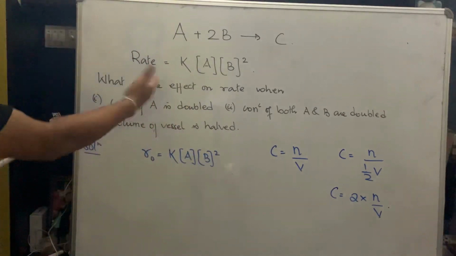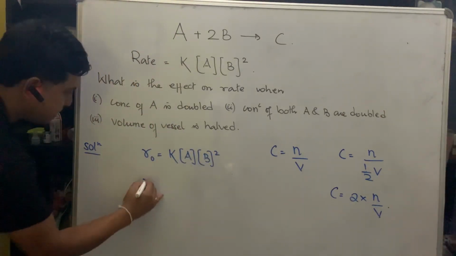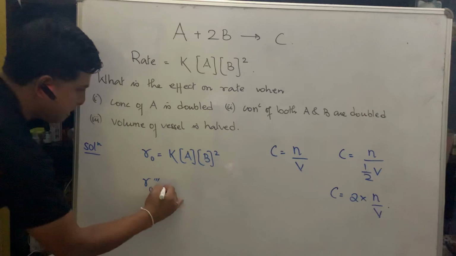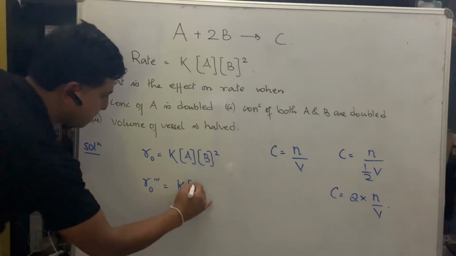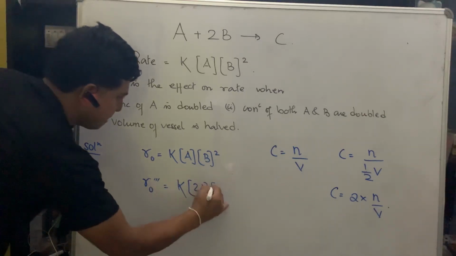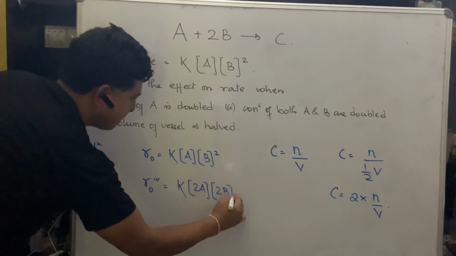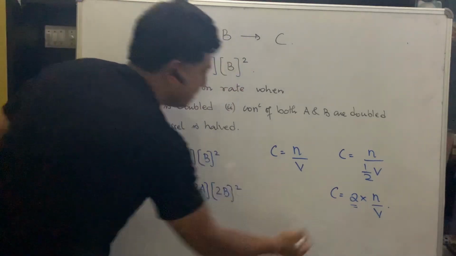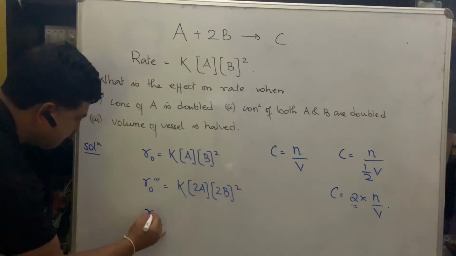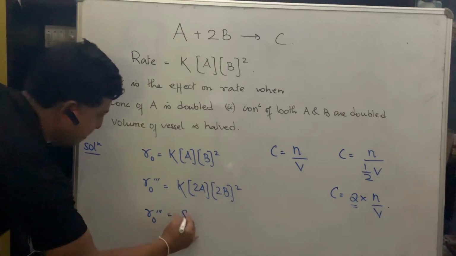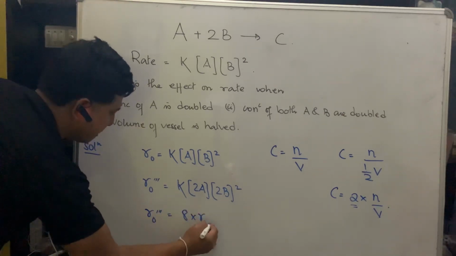Again, it is the same question as number 2. Since the volume of the vessel is halved, the concentration gets doubled, so again, as before, this will be equal to 8 times the initial rate.